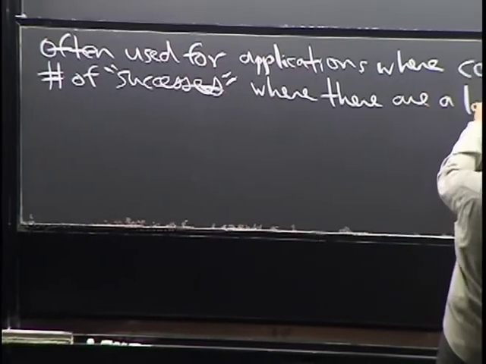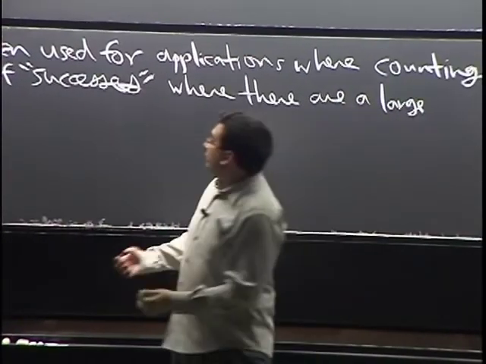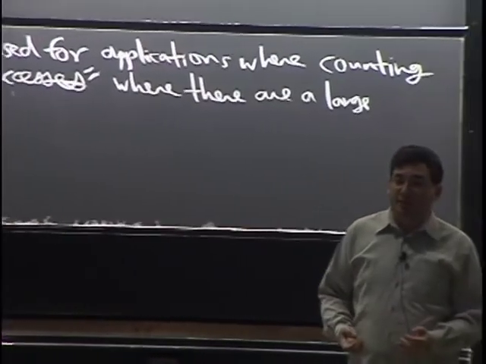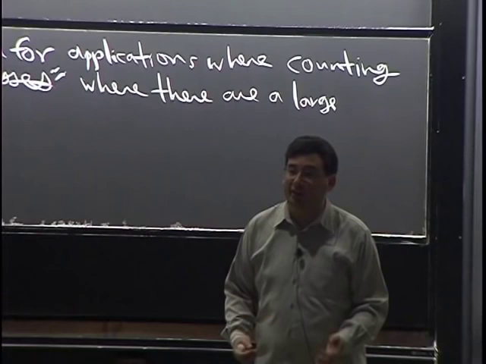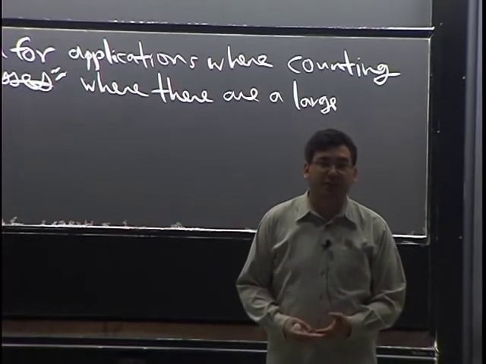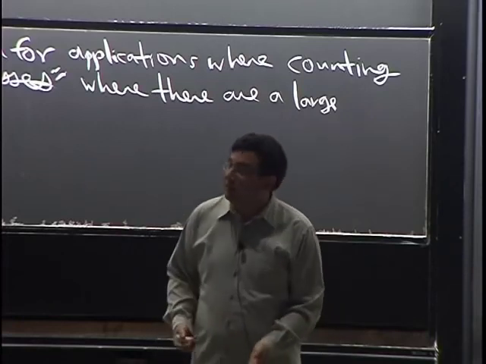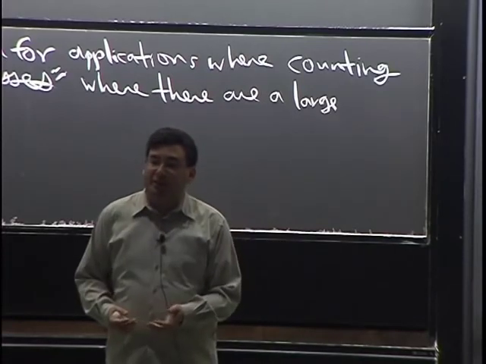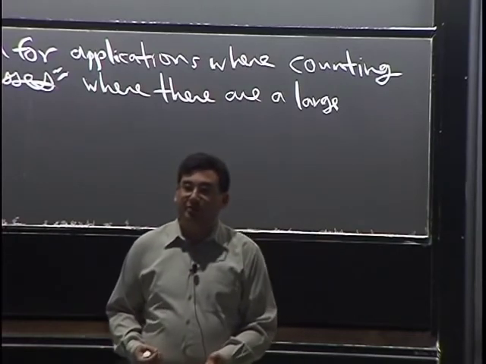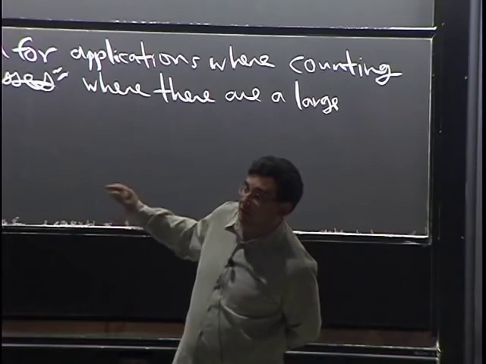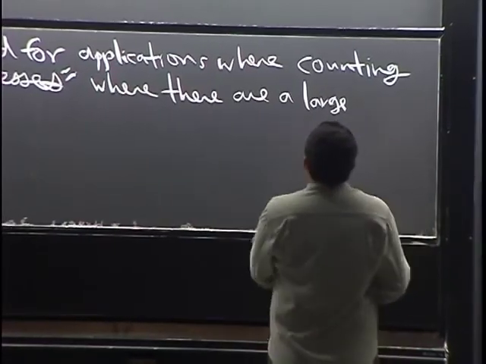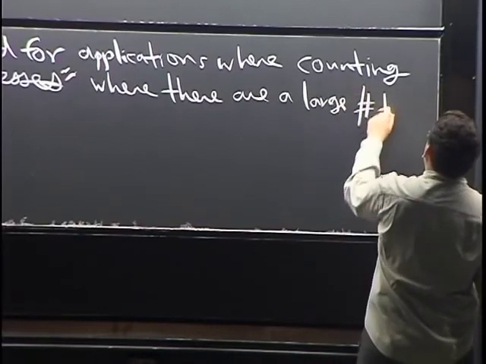So there are a large number of things, each of which could lead to success or failure, but the probability of success for each one is small, right? So let's say we had 10,000 trials, but each one only has probability 1 over 10,000 of success. Well, we immediately know that the expected number of successes is 1, just using linearity and indicator random variables. But it's that kind of thing where we have a large number of trials, small probability for each one. Okay? So that's the general setup.